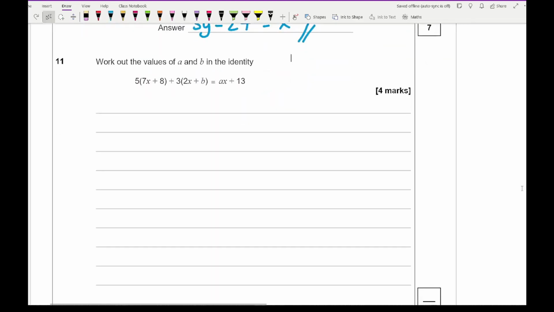Moving on to question 11, it says work out the values of a and b in the identity. Now for this, what we need to do is basically expand the brackets, collect the like terms, compare the coefficients. So here if we expand the brackets, we get 35x plus 40, and then we've got 3 times 2x, which is 6x, and 3 times b, which is 3b, and that is all equal to ax plus 13.